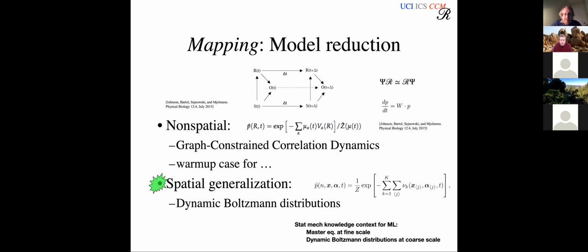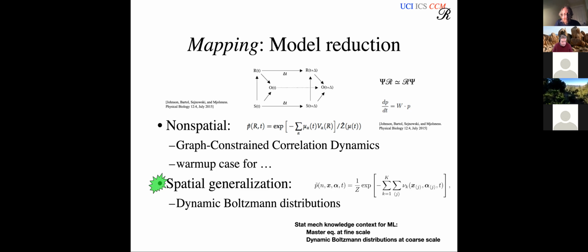So we'd previously done something like this for reaction diffusion models in a synapse with the sort of central equation shown with a coarse scale probability distribution that tells you what is happening to your reduced model R as a function of time by making it a Boltzmann distribution by assumption with some set of interesting interactions, potential energies V, but the coefficients, the coupling constants mu in this Ising model like a thing would vary with time rather than being constant in such a way as to approximate a much more detailed fine scale system.